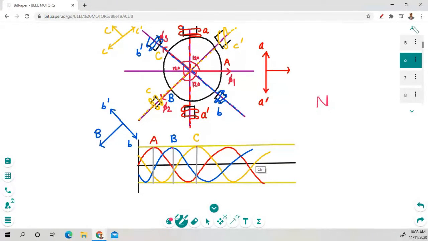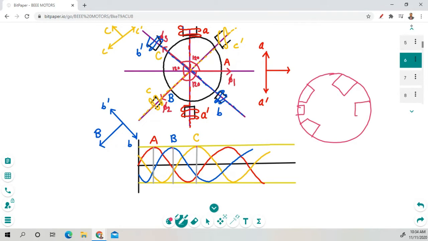Let's understand this again. We have a stator winding like here. How can you connect this winding? Let's suppose this is our outer portion. In this outer portion, we have to connect a number of poles. Say we have six poles, so you can connect six poles right here.